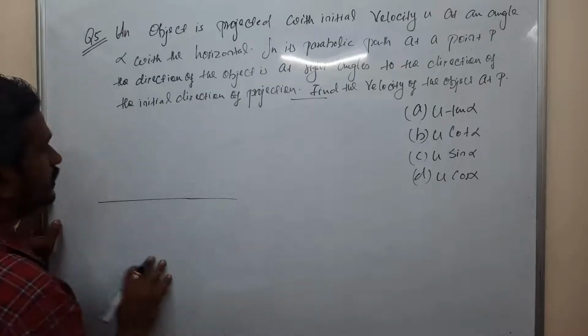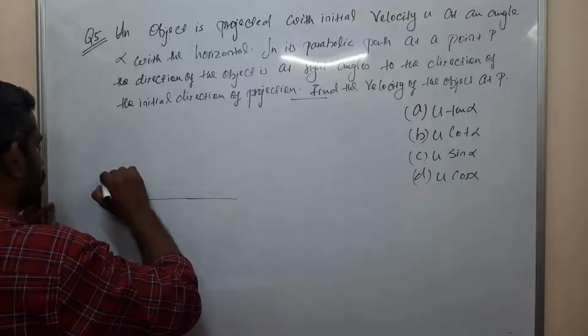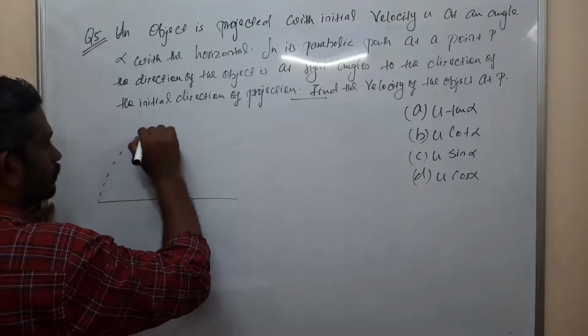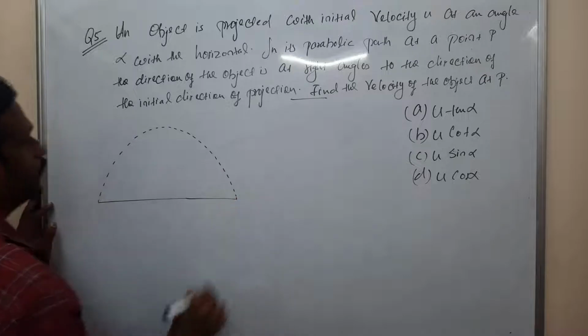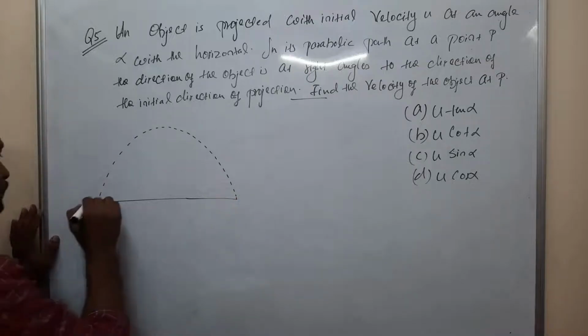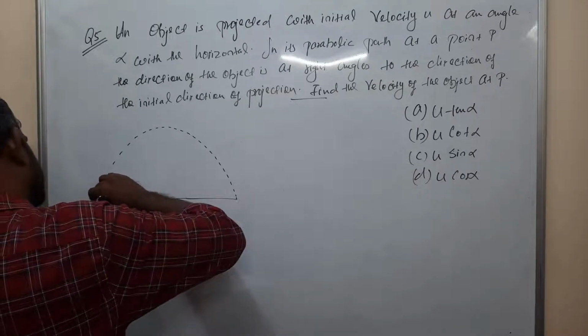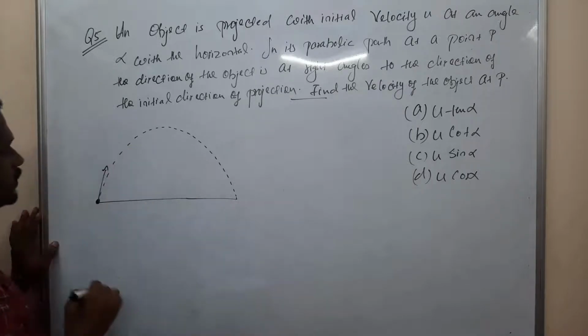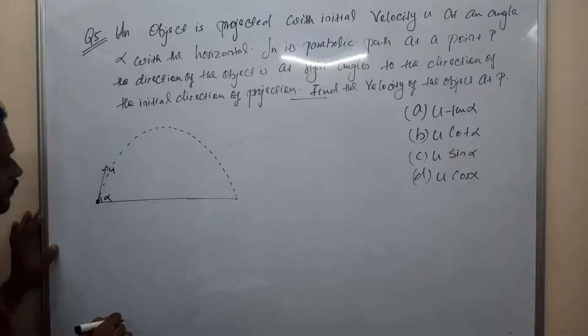Let us visualize the situation first. From here, an object is projected with initial velocity u at an angle alpha.